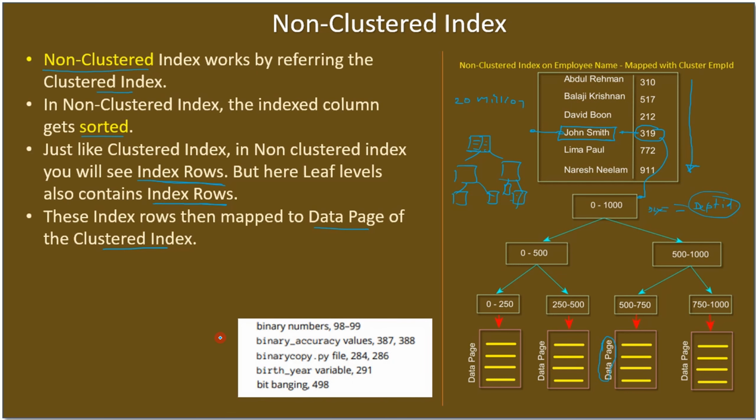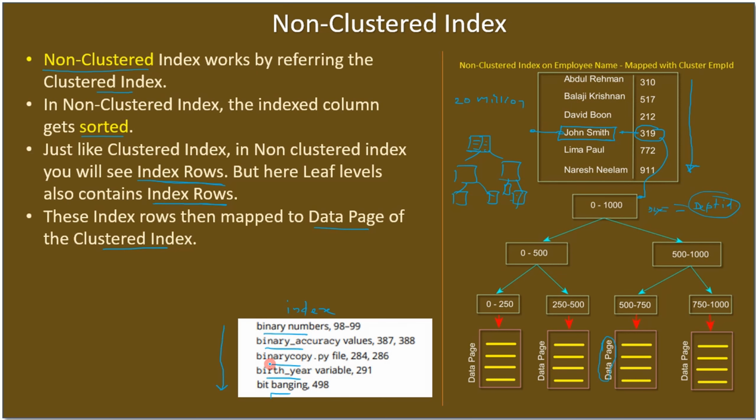Say for example, if you want to understand it, let's state that there is a book, and towards the end of the book you will be seeing the index, right? So these are all the index titles. And when you are looking for a specific topic, you will go through the index.